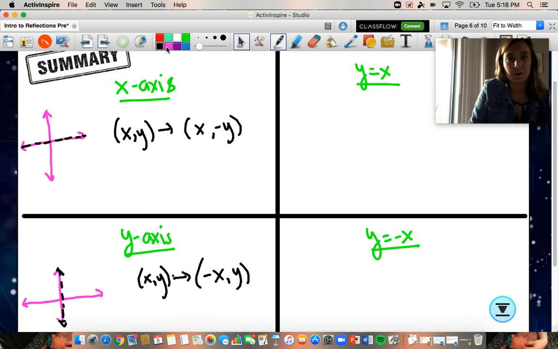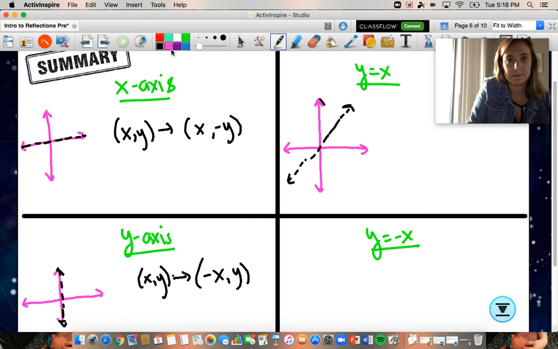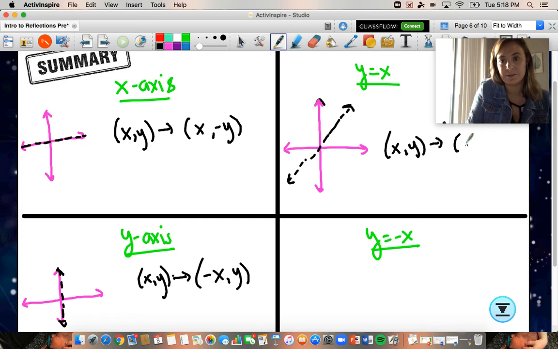The line y equals x is this diagonal line. If I had xy to reflect over that, I've got yx.